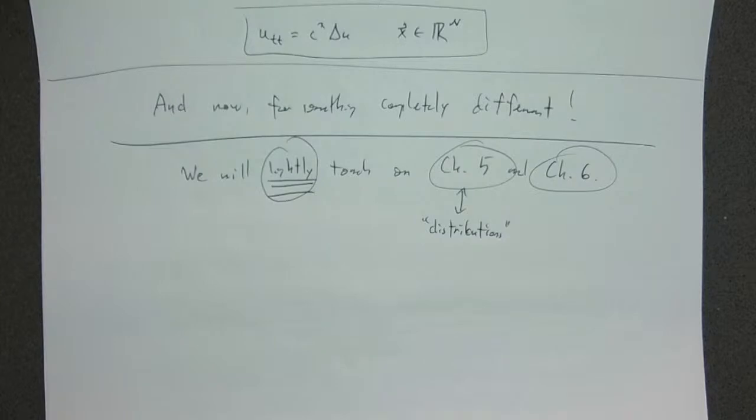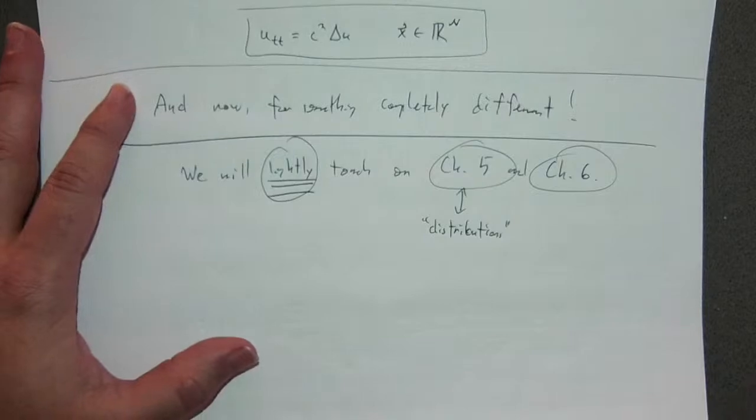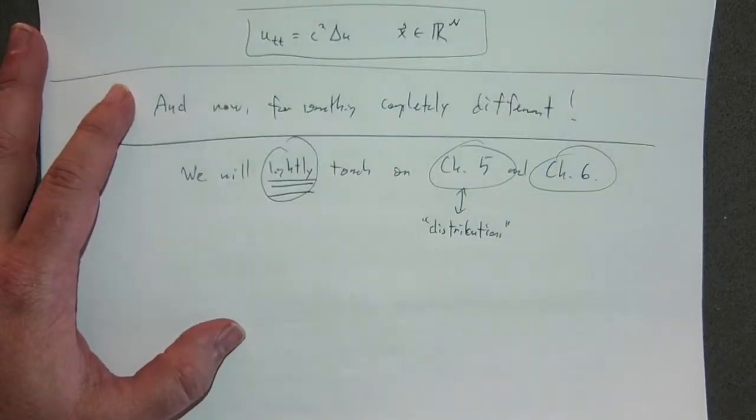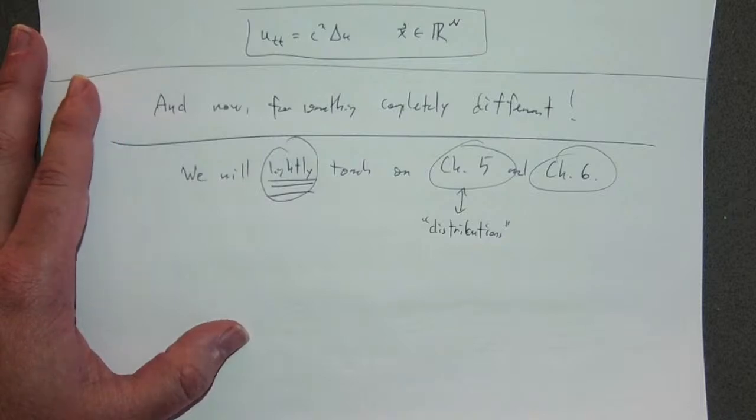You might think that's ridiculous. You might think a function is the basic object here, so if something's worse than a function, I don't even want to talk about it. But unfortunately, we need some things that are a little bit more wiggly sometimes. You'll see that these things are not so bad. We're not going to touch too much on them, just enough so that what I write later makes sense.